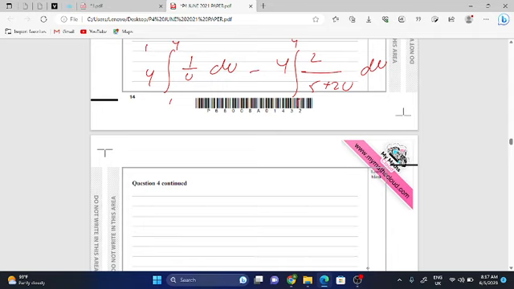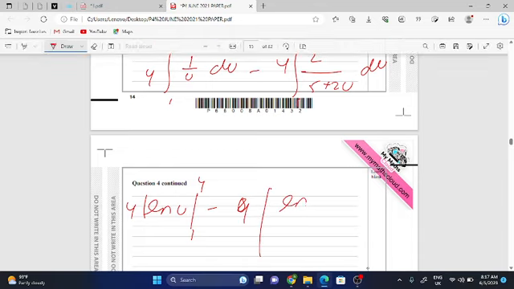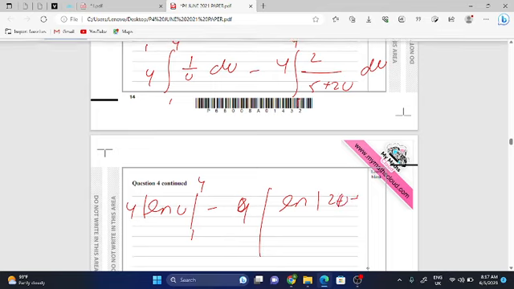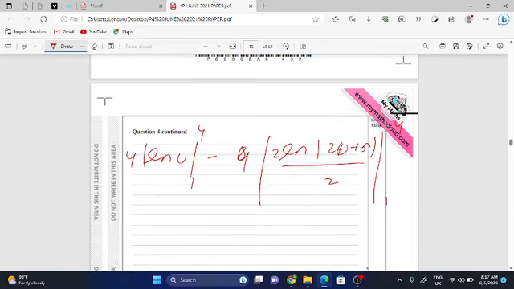So the integration of 1 by u gives me 4 times ln of u, and the limits are 1 to 4, minus 8 times, because here is 4 and 4 times 2 would be 8. So you can leave 4 as it is if you want initially. So that gives you the integration of ln of 2u plus 5 dividing by 2, and here is 2 as a numerator as it is, and the limits are 1 to 4.